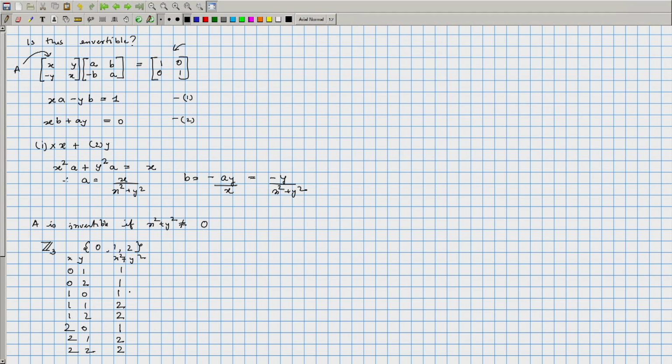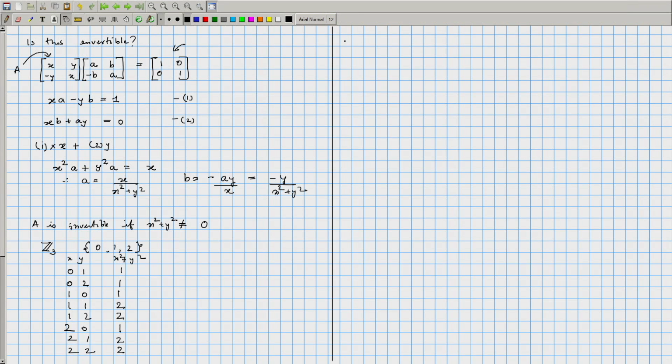So, if you choose elements from Z3, they are going to form a field. What we have proved is the following: matrices of the form x y, minus y x, whose entries are elements of Z3, form a field, and this field has exactly 9 elements, because x has 3 choices and y has 3 choices.